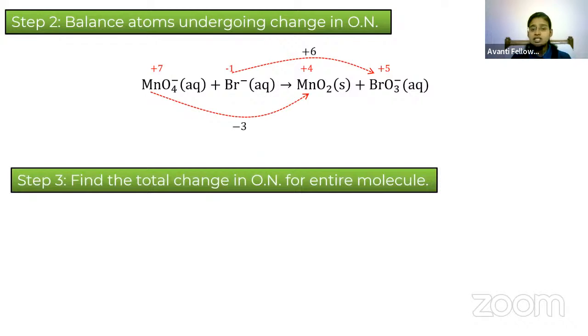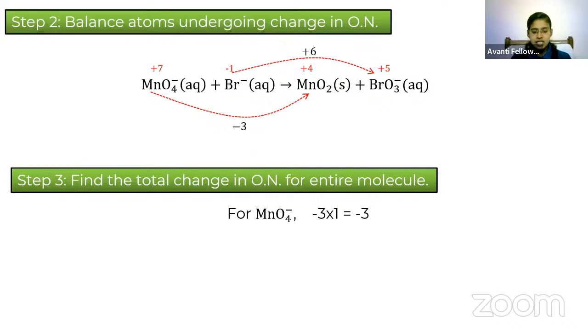Step number 3: find the total change in oxidation number for the entire molecule. For MnO4 minus, one manganese has gained 3 electrons, so minus 3 into 1 is equal to minus 3.